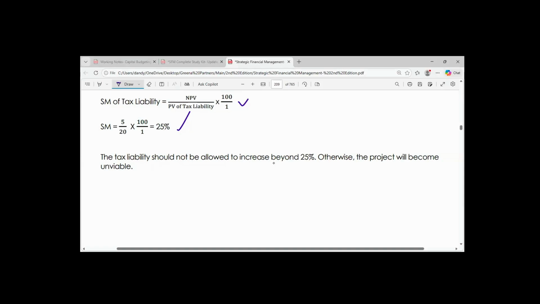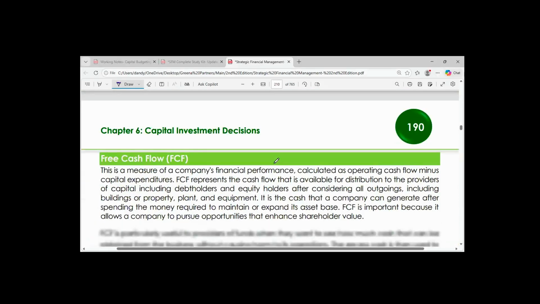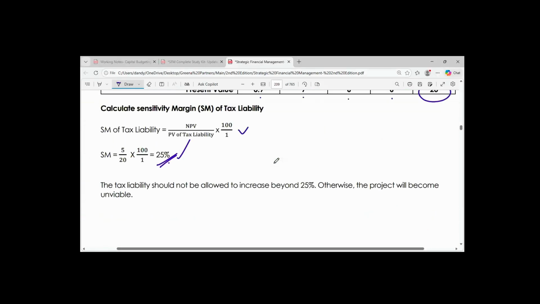It means that for this project to remain viable, you can still increase that 35% tax rate by an additional 25%. Anything above this 25% will make the NPV negative, which will not be viable. So that's what sensitivity analysis measures, and this is what the examiner wants you to do. That's the end of the question.